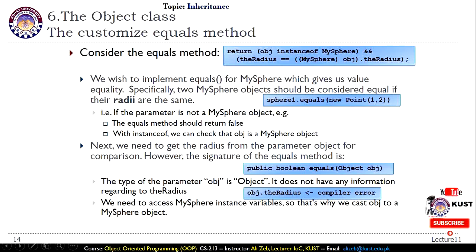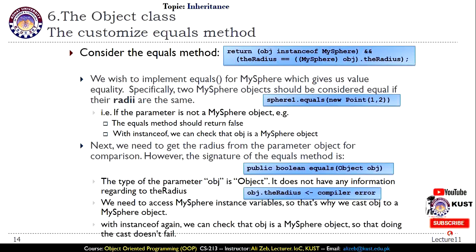We are casting or converting this object into a mySphere object, and we are storing it in this object, which is already an object of the mySphere class, and we confirm this using the instanceof statement. Again, we can check that obj is a mySphere object, so that doing the cast doesn't fail.